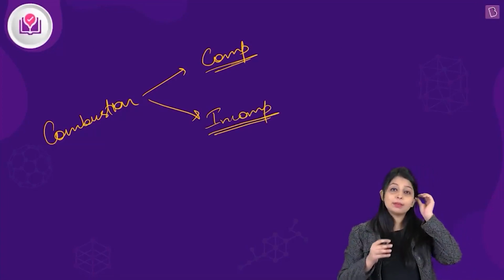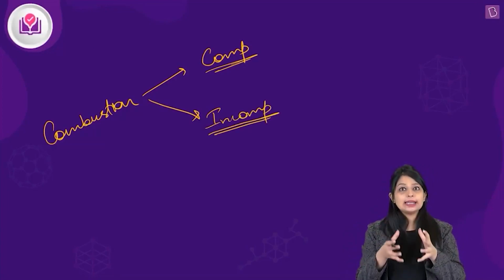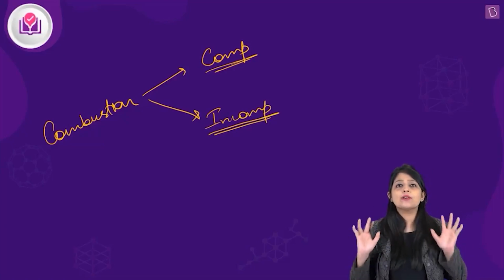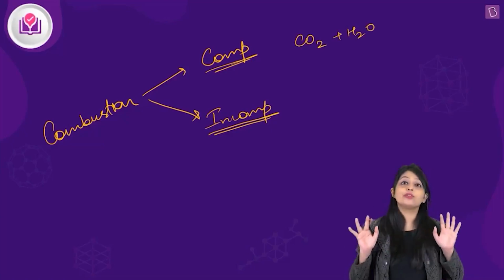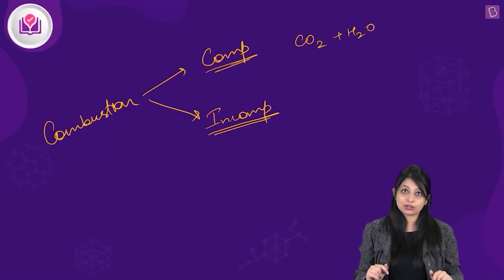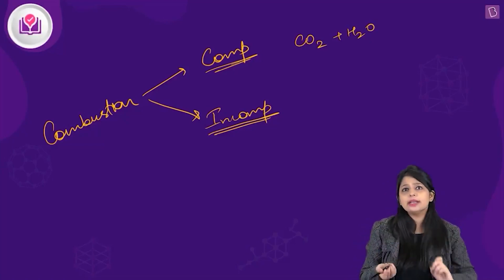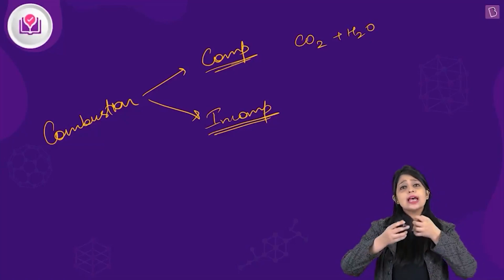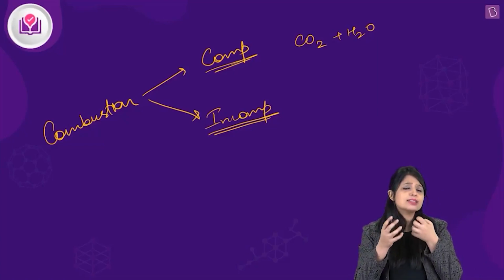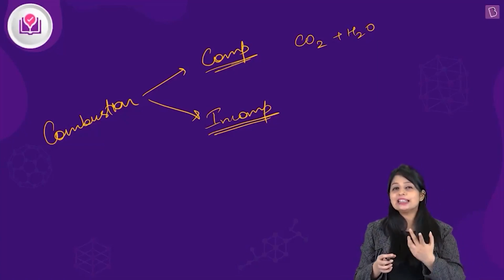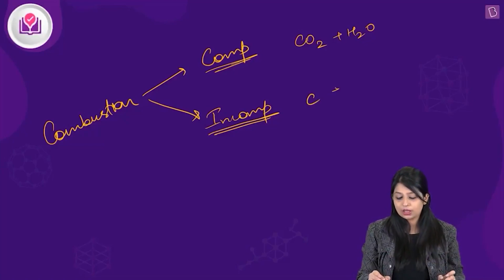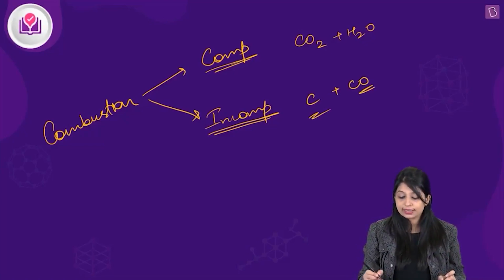In complete combustion, the alkanes react with a sufficient amount of air to give CO2, water, and an enormous amount of heat is evolved in this reaction. However, in incomplete combustion, the air is not sufficient for the alkanes to react with, so it leads to the formation of carbon or carbon monoxide.